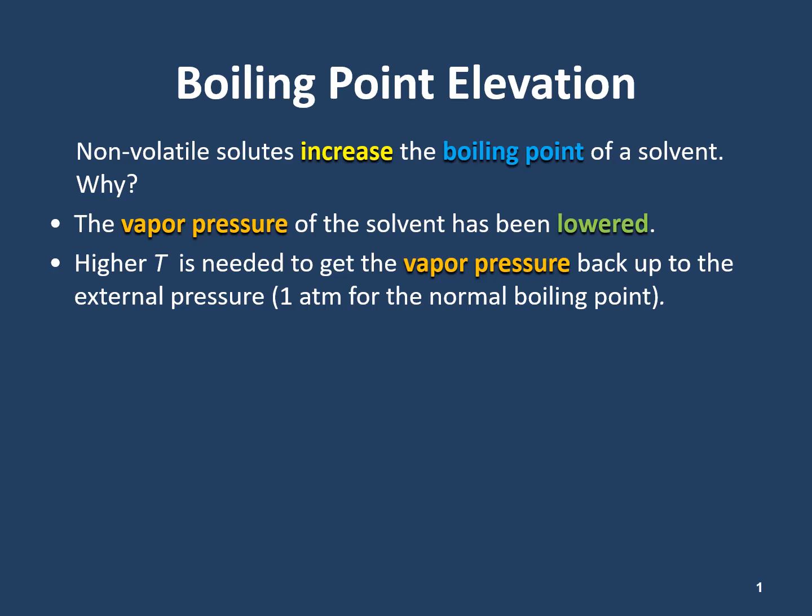And if our vapor pressure decreased, then we have to heat up the solution even more to get its vapor pressure to be equal to the external pressure. So we're going to need to heat up the solution even more to get that vapor pressure back up to the external pressure. Now for a normal boiling point, when we see the word normal, this is very important. This means that our external pressure is 1 atm.